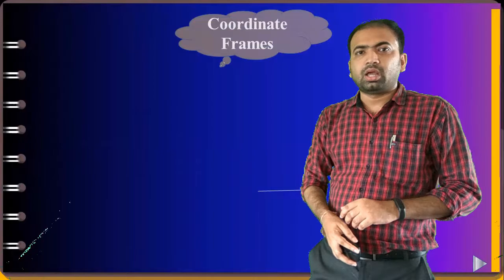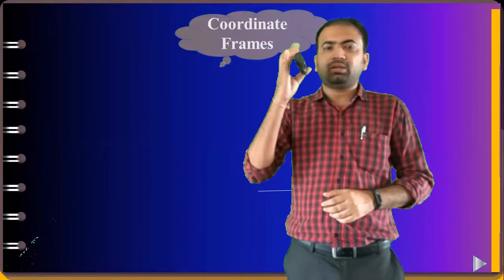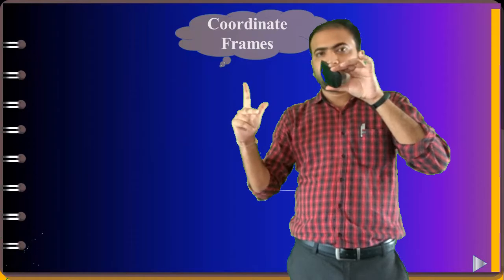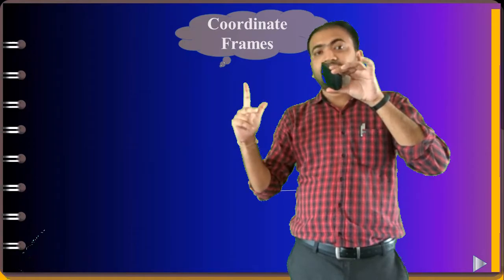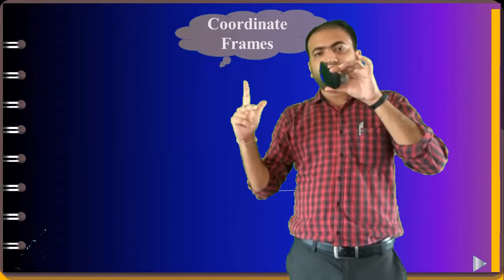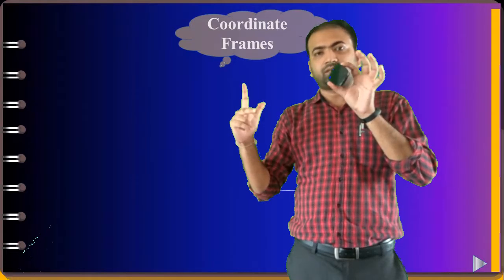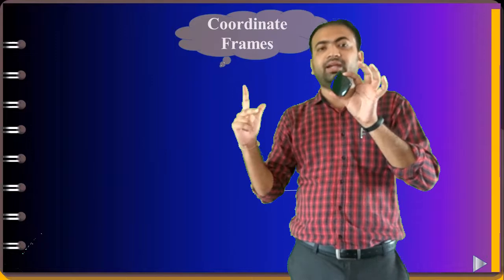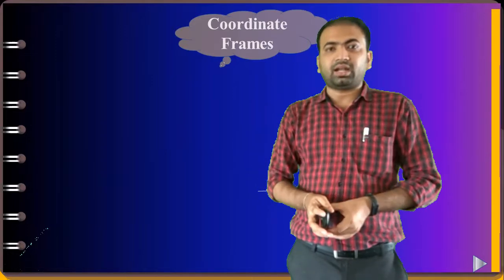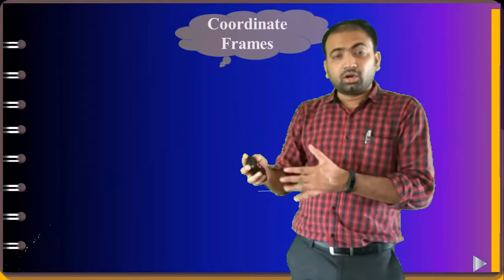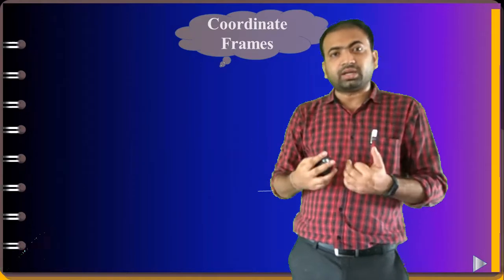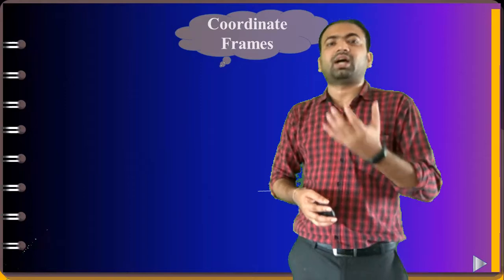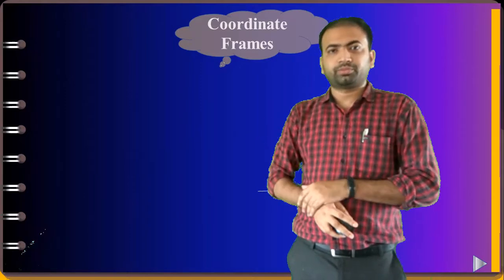For example, I have got something in my hand. If we keep some coordinate axes, x, y and z, then the description of this with respect to this has to be identified in order to understand how much rotation or how much translation is required in each and every joint in order to perform some task in robots.